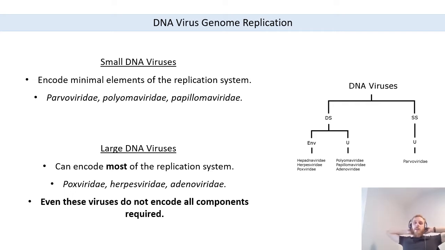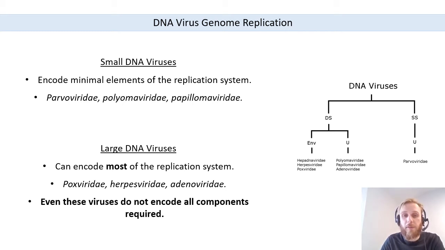We can generally split DNA viruses into two groups: some are heavily reliant upon the host and some have more independence, though they are fundamentally still dependent upon the host. They're just less dependent. And again, we're talking in the context of genome replication.